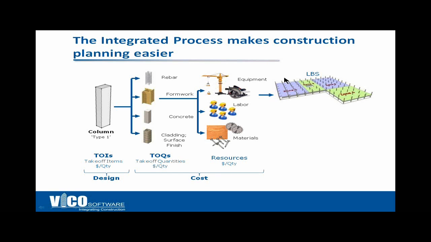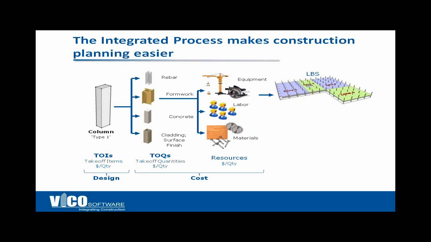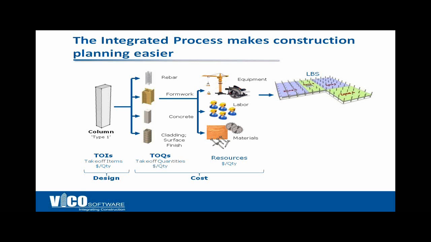I could have one location here for concrete and steel. I could also have a second location in the same area, maybe divided up further for interiors. So you're not limited, and all of this splitting is done virtually. The models are automatically split up inside Vico, even though nothing appears to be done to them, and you now have quantities by location, which is a very powerful planning tool for the operations team.